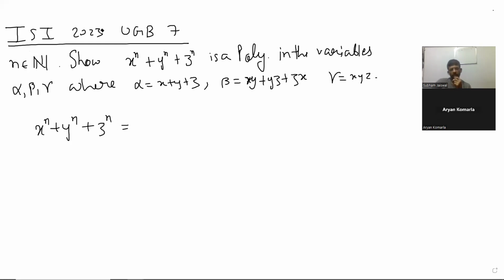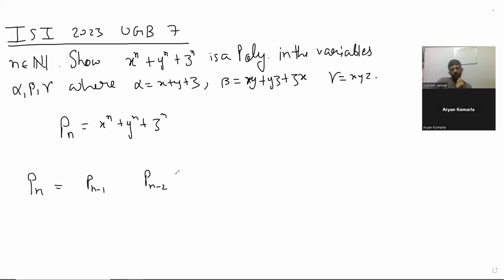So let's just call it Pn. If you want to write Pn in terms of Pn minus 1, Pn minus 2, Pn minus 3, then what will the coefficients be?